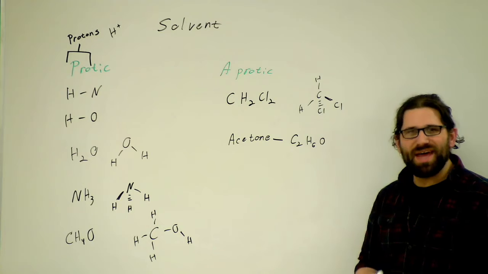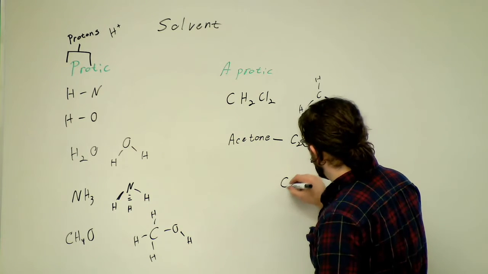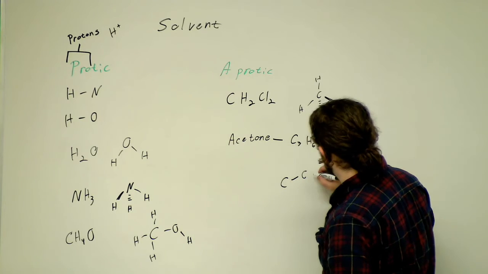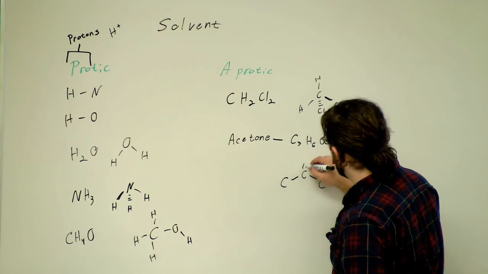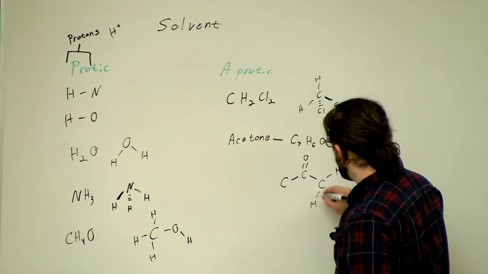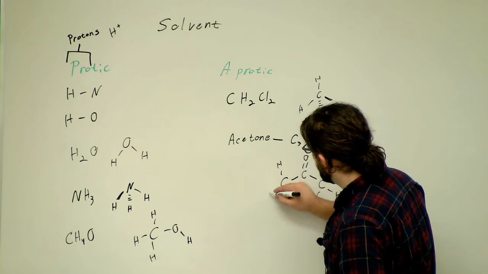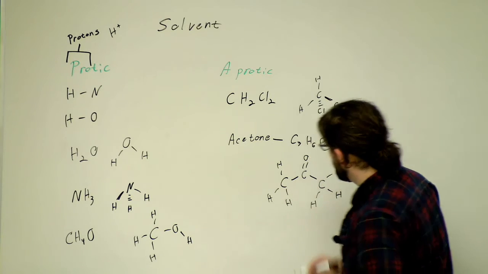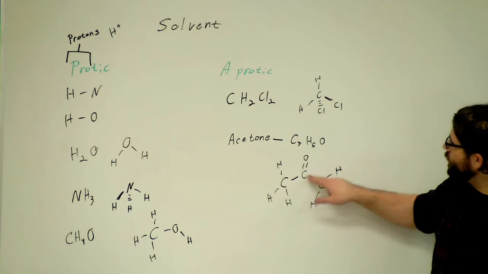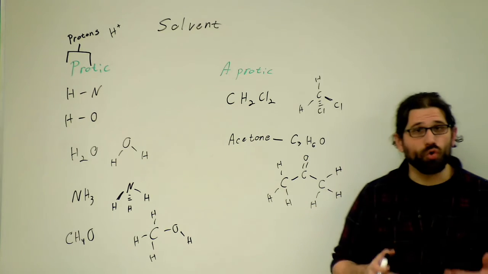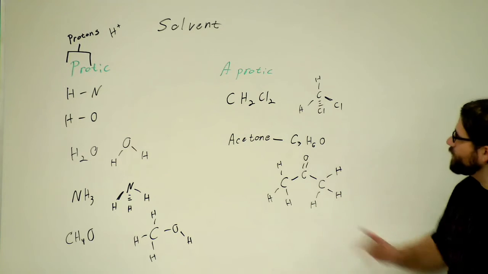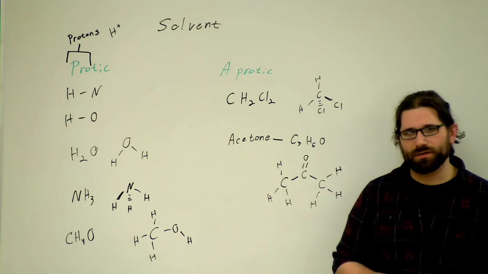And it's actually going to have a ketone bond. So acetone and water are miscible, but acetone doesn't have any hydrogen bonds. So it's not going to have hydrogen bonding. So it's an aprotic solvent.